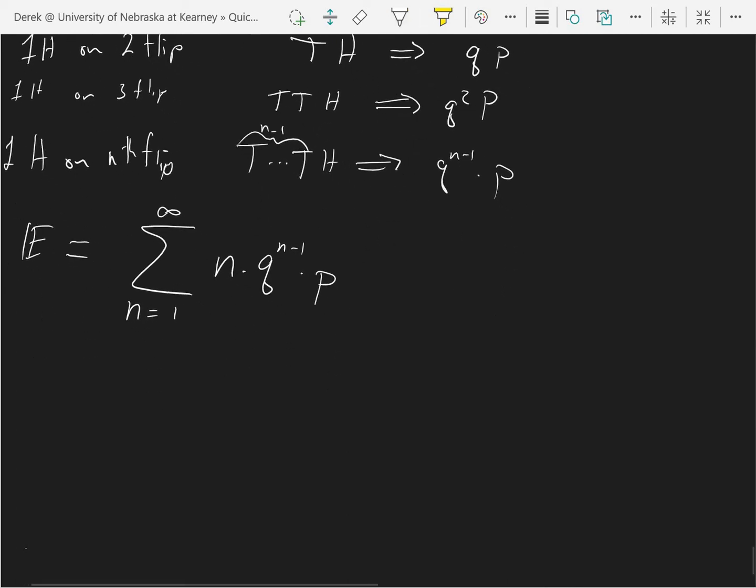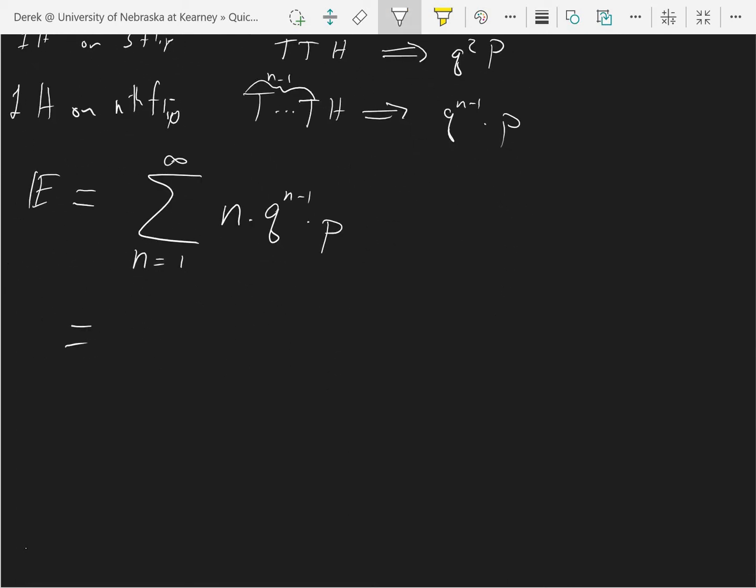I can pull that P out front. So this is going to be P times the sum from n equals 1 to infinity of n Q to the n minus 1. Q is going to be kind of my variable here. And that looks a lot more like a derivative, just thinking of it as a power series. So let's rewrite it like it's a derivative.